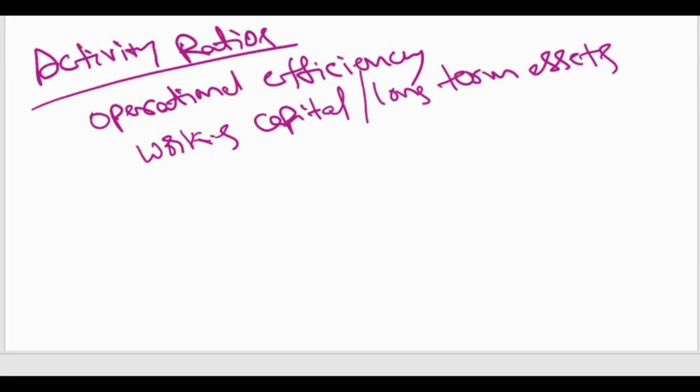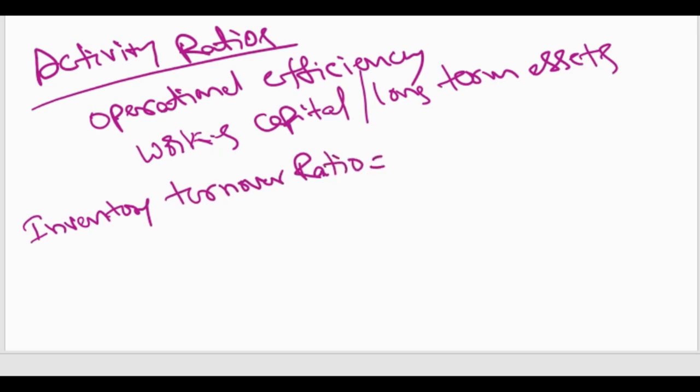So now let us look at the formula. Inventory turnover ratio equal to cost of goods sold divided by average inventory.